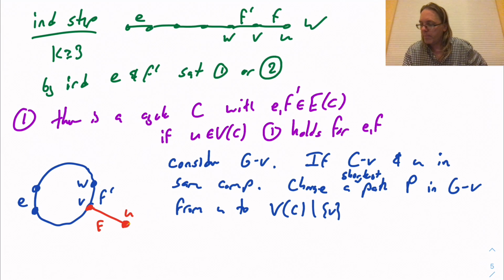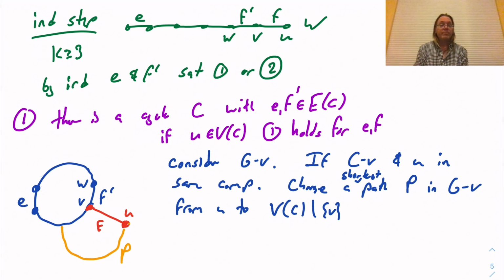Now, there's a little bit to think through here, but what's going to happen is very much like the other argument that we saw before. In fact, it really is just the same. You can see I've drawn this edge F, but in fact, you're just going to use the edge F and then the path P, and it's going to act like a longer edge F, right?